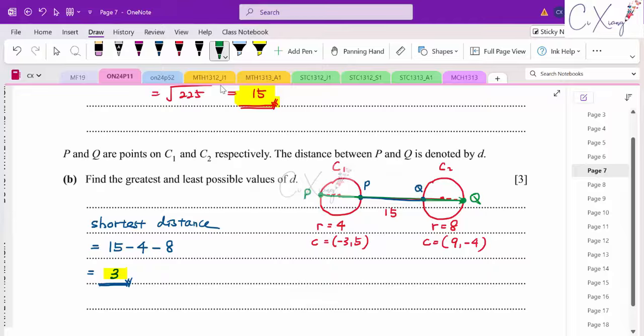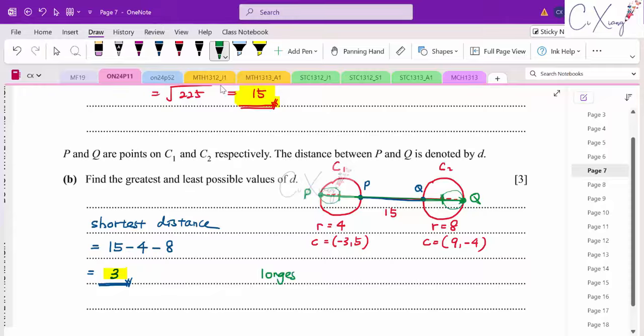And you are aware that for the longest distance, you are taking the distance between the two centers, plus the radius of circle number 1 and also the radius of circle number 2. This is how we get the longest distance.